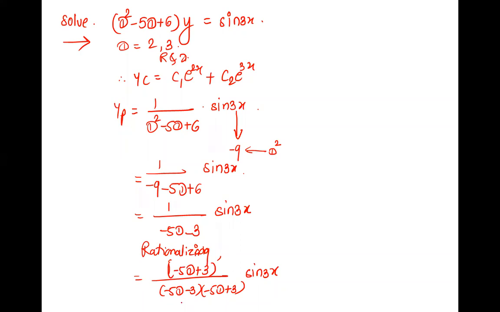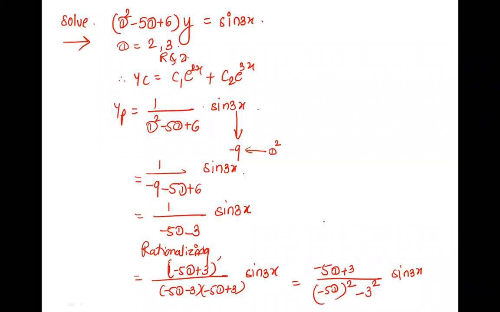Okay, this is a minus b, a plus b. Numerator as it is, minus 5d plus 3 upon a minus b, a plus b, that is a square minus b square, where a is minus 5d and b is 3, 3 square, sine 3x. Clear?